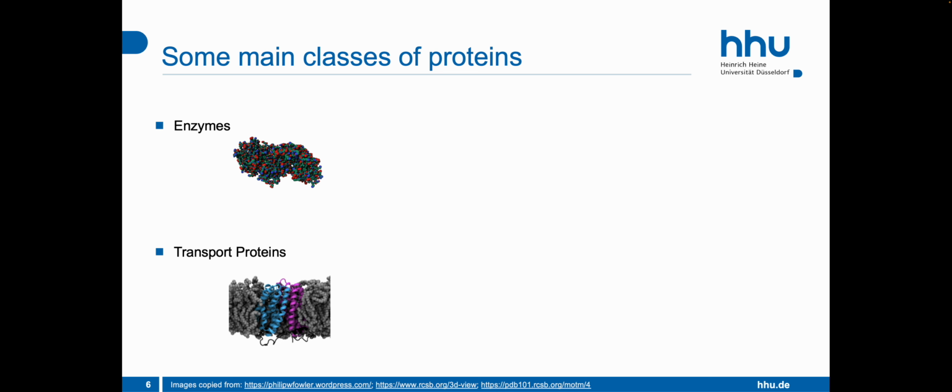On this slide, I will list some of the major classes of proteins to give you a better picture of what proteins can do. So the first class is enzymes, and we already have seen an example of enzymes on a previous slide, so I will not further talk about enzymes here. Another example of proteins are transport proteins, which are proteins that can transport molecules across cell membranes.